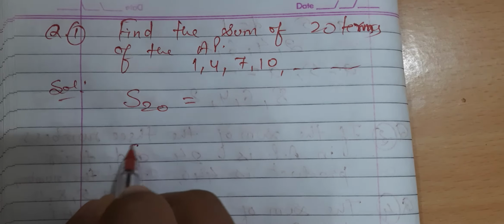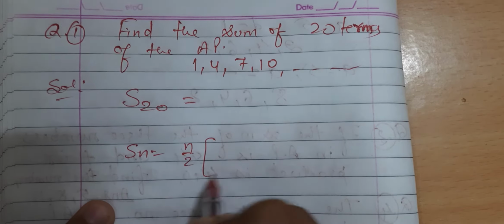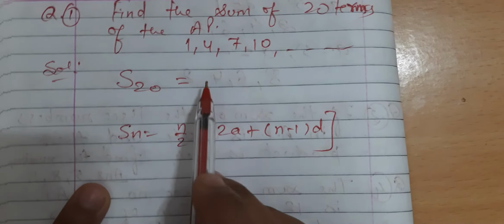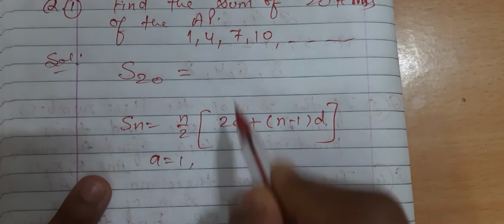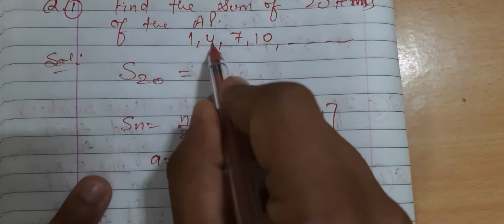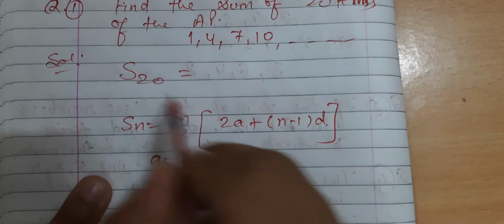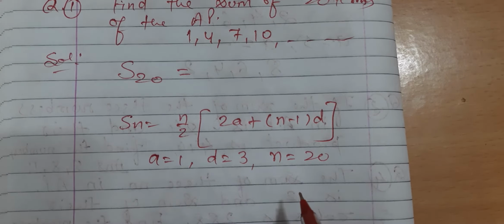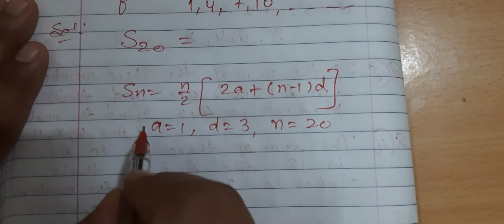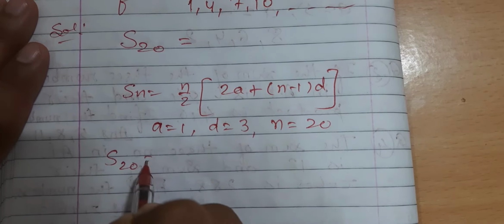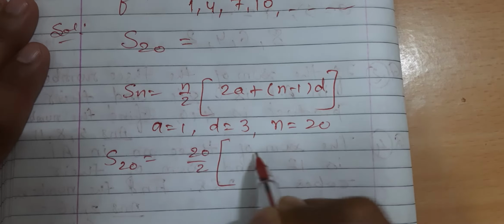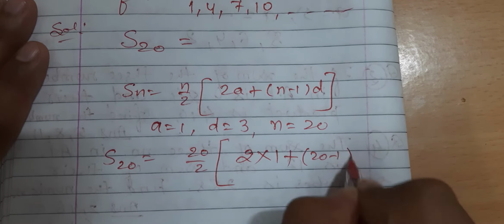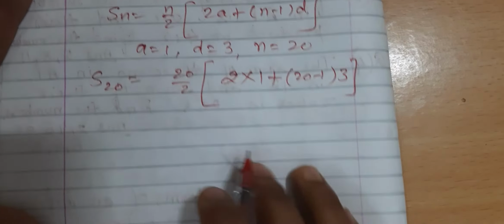So the formula is the same: Sn is equal to n by 2, 2a plus n minus 1 multiplied by d. Here in this AP the first term is 1. The common difference is 4 minus 1, which is 3. And here we are given there are 20 terms, so n is 20. Let us put the values here. S20 is equal to 20 by 2, 2a means 2 multiplied by 1, plus n minus 1 means 20 minus 1, multiplied by d, and d is 3.